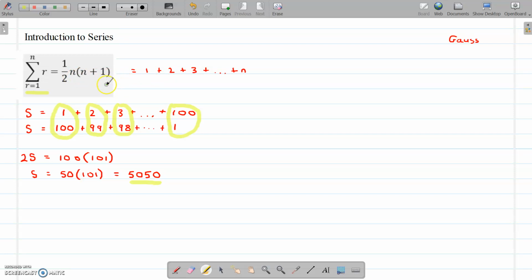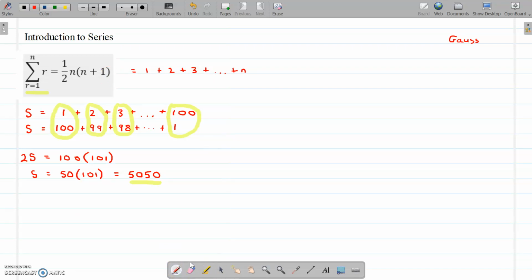Okay, so this works for any number that you wish. So if we wanted the sum of the first 500 counting numbers, we would do a half times 500 times 501. Let's suppose we wanted just the first 10.